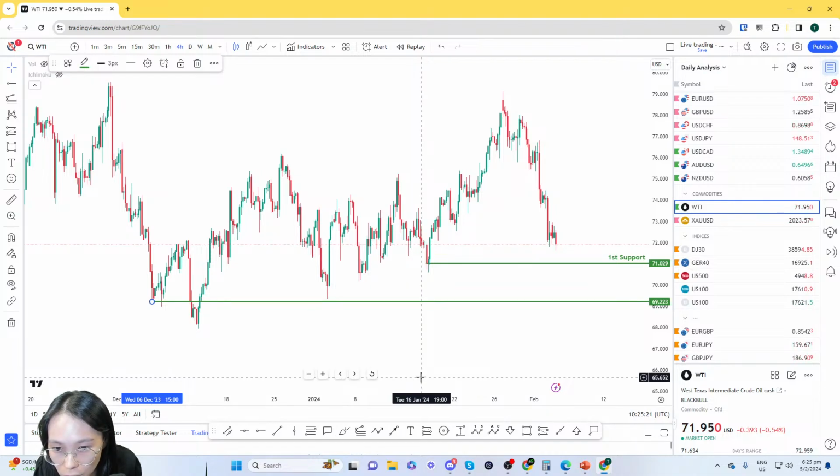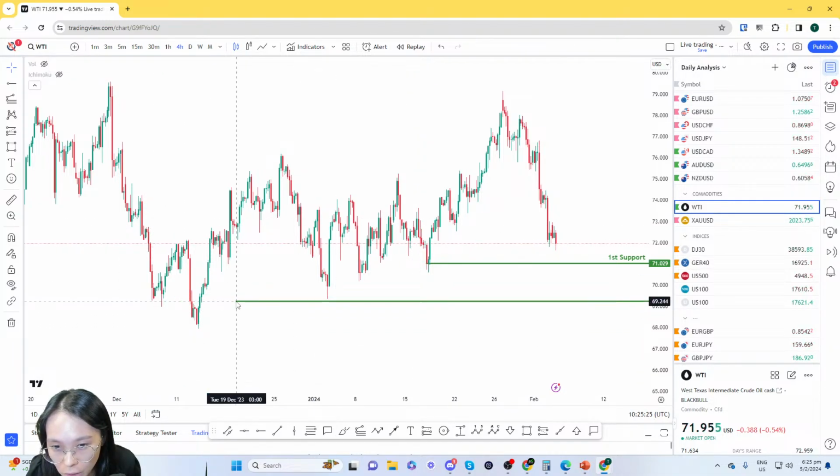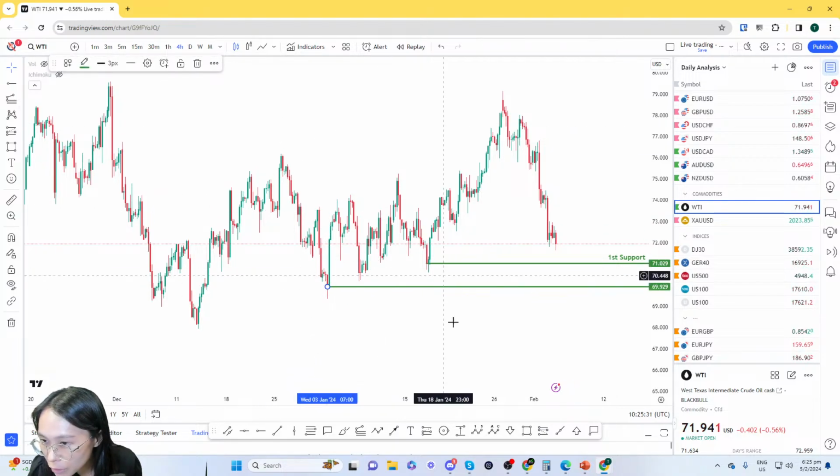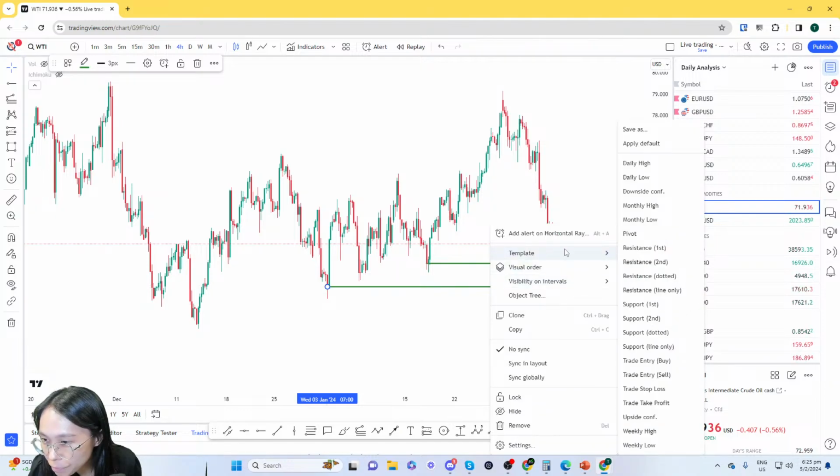This is cutting through the body, so I'm going to stick to this. Let's pull back a level here for my second support.